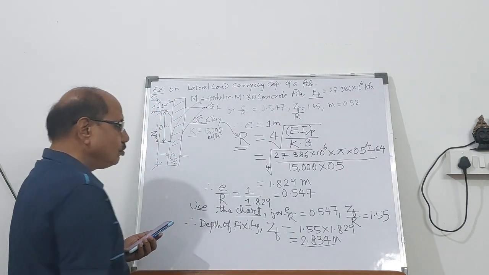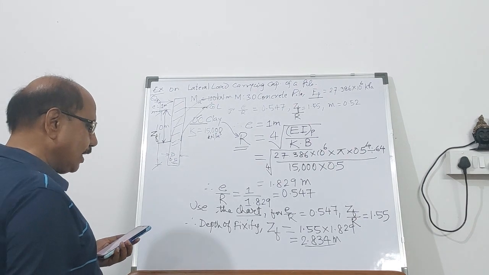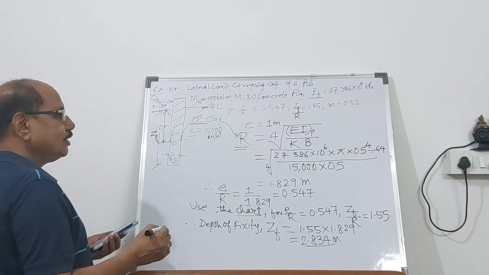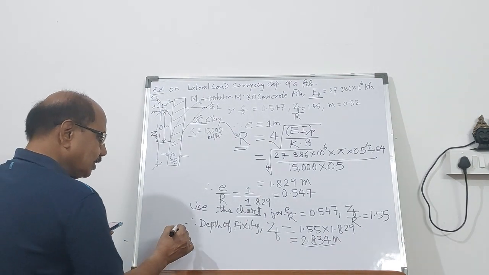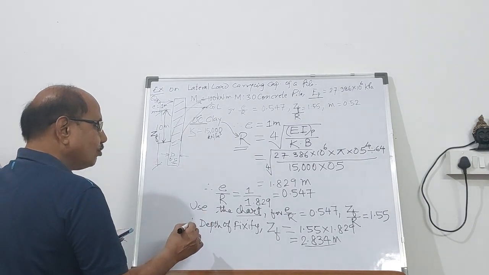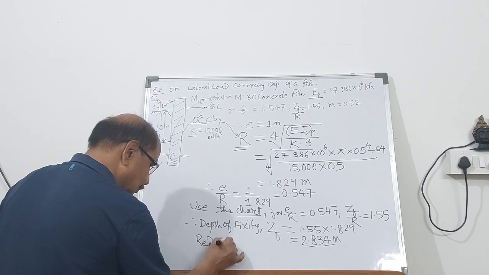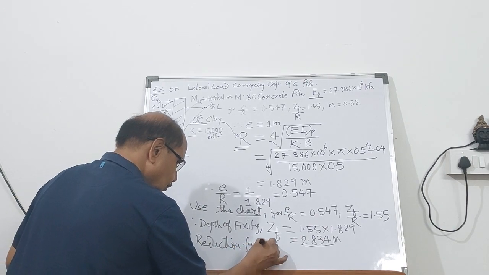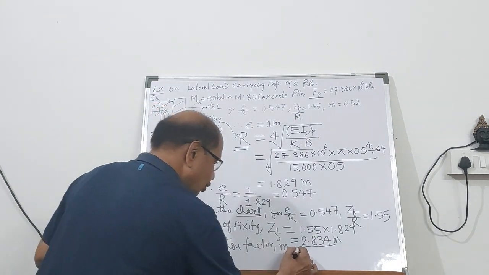Having found out the depth of fixity, you can find out the reduction factor. If ZF by R is known to you, ZF by R being 1.55, you can also find out the reduction factor. So the reduction factor m equal to 0.52.